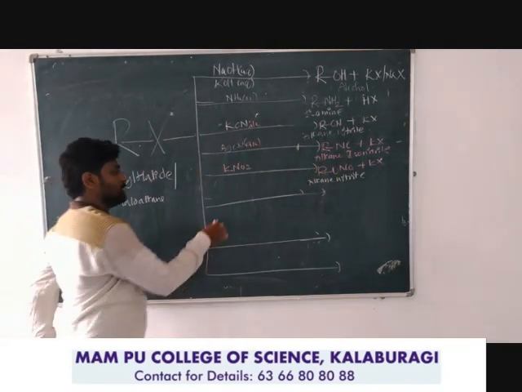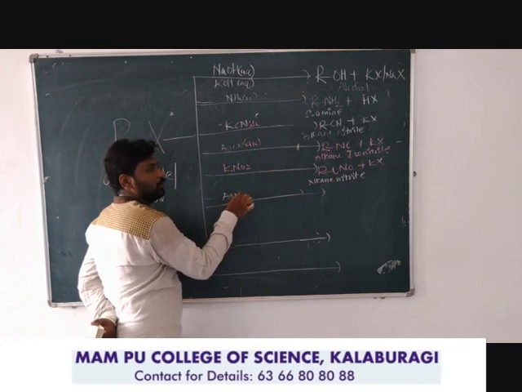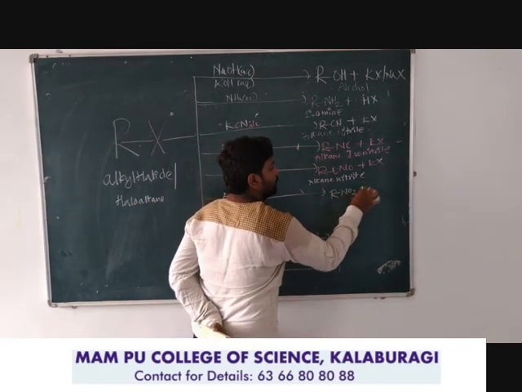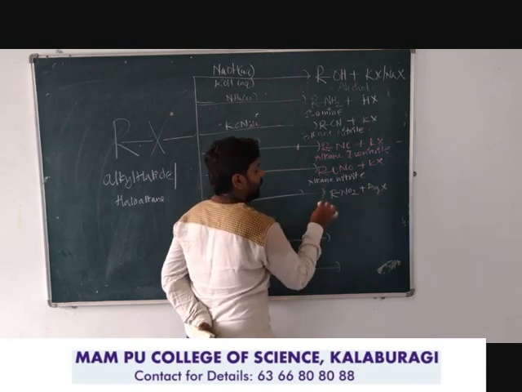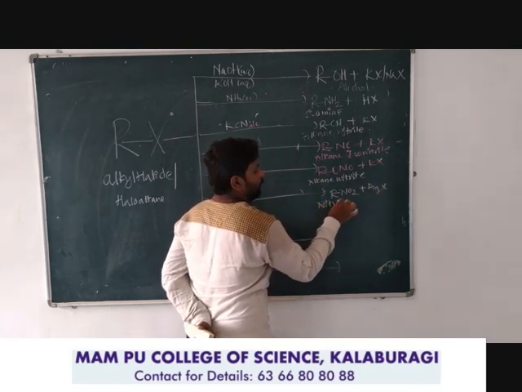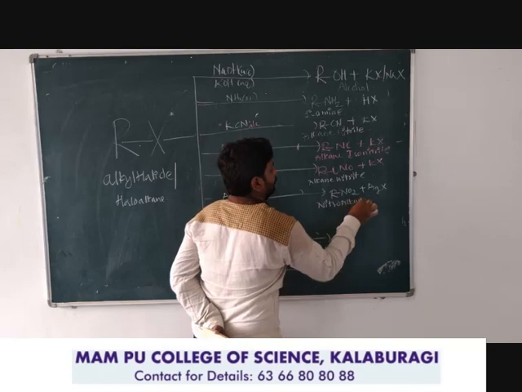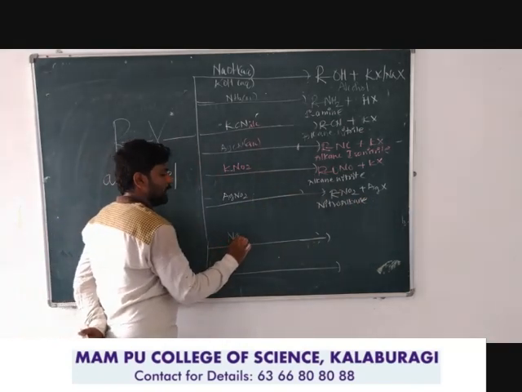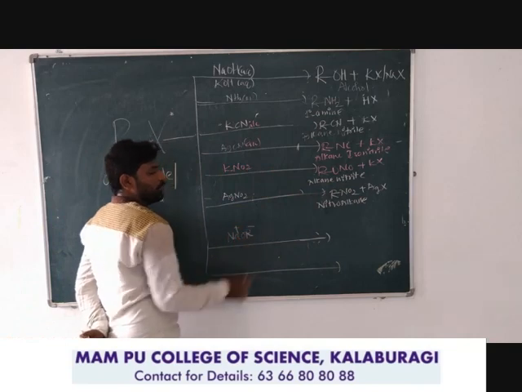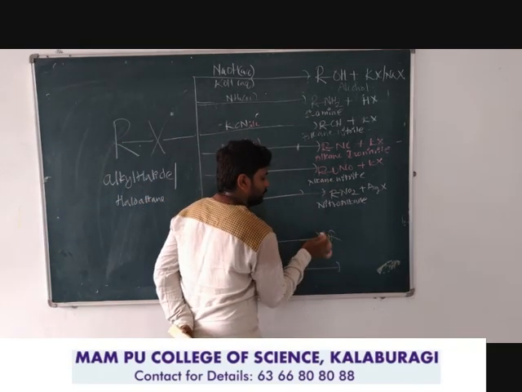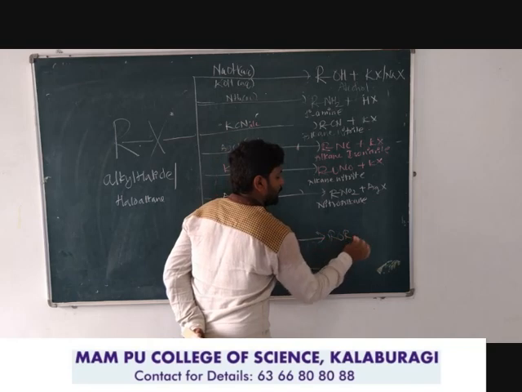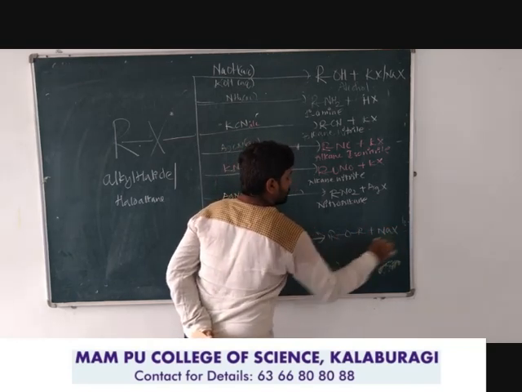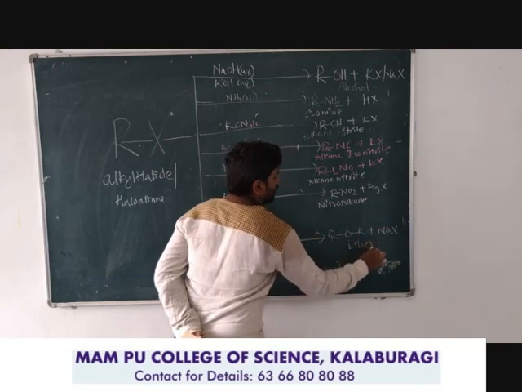Next reagent is AgNO2. I will get RNO2 plus AgX, nitroalkane, as the product. Suppose I have taken sodium alkoxide, so the product is ether, ROR and NaX, alkoxyalkane, ether.